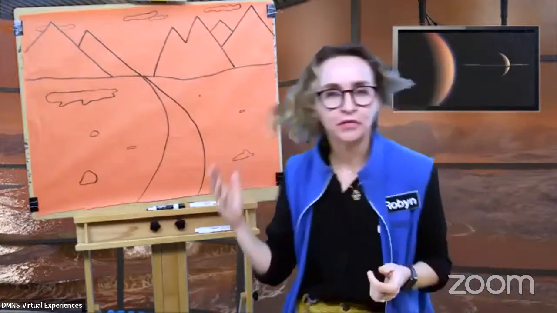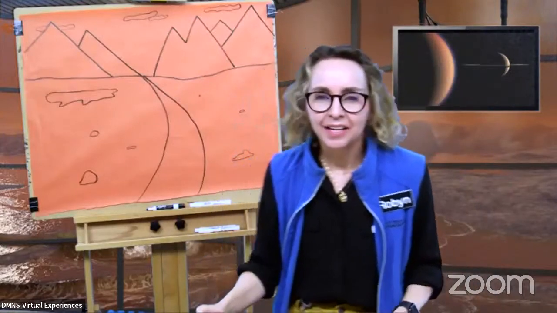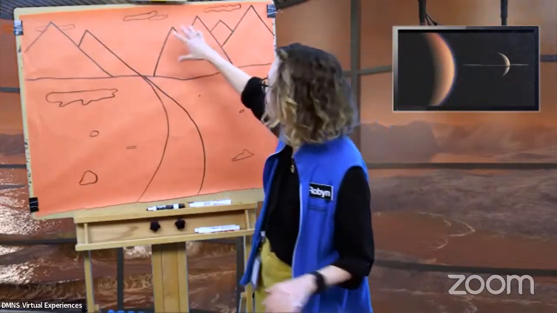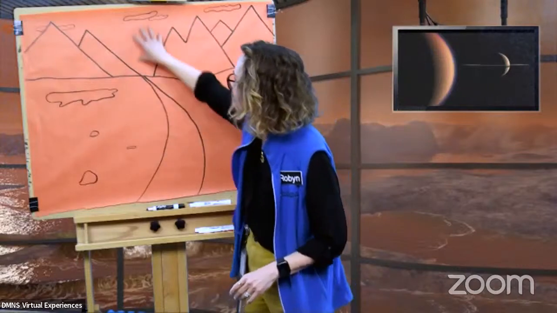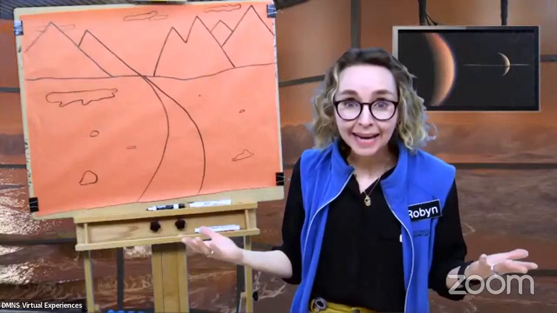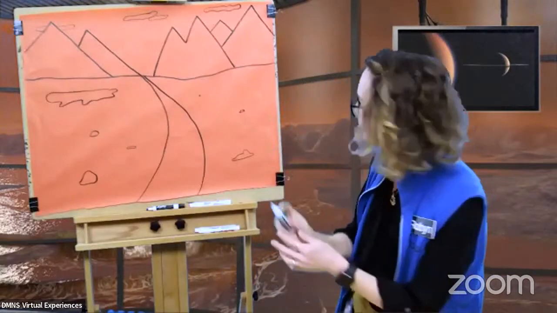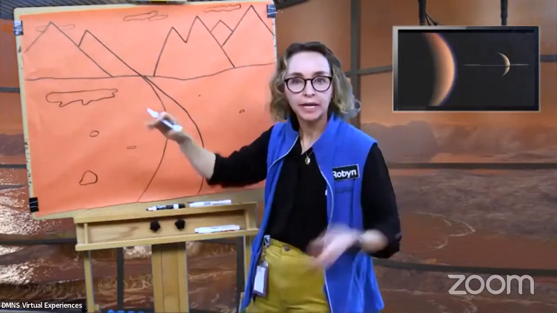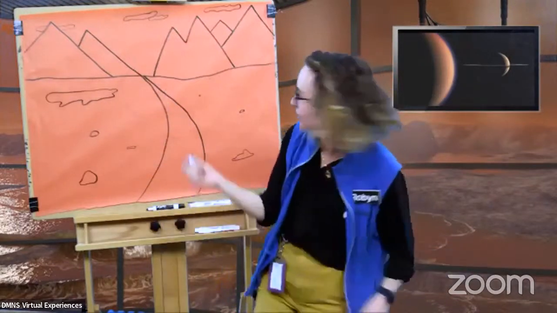Oh, I just forgot something, but we should add this in now. Because of the methane cycle and the way that the methane gets to the surface of Titan, it has to rain. When enough of the methane gets up into the clouds, it gets super saturated and then it has to fall down. So we need to add the rain before we add the shadows.